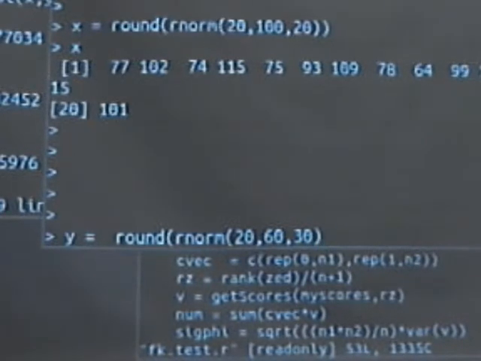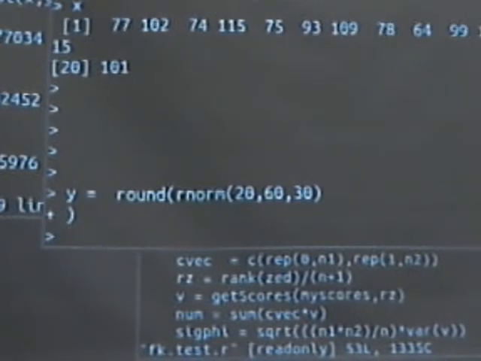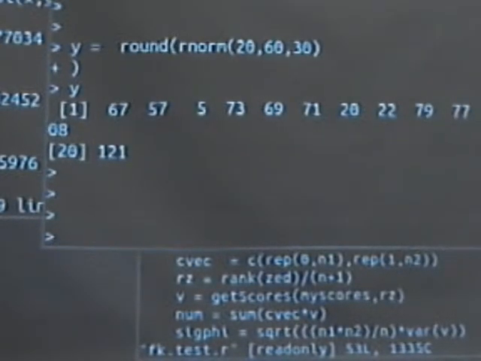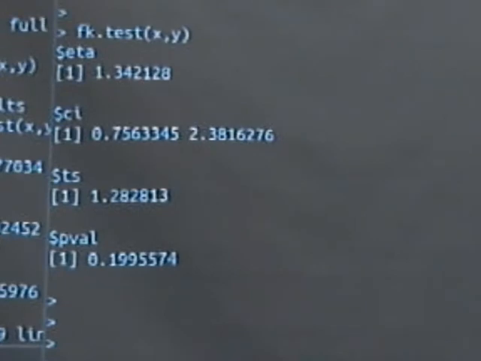So 3X, still should be 3X. It's 1.3. And the confidence interval was successful.